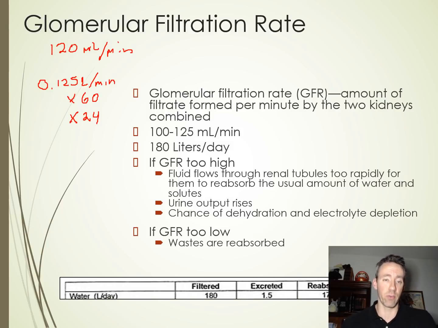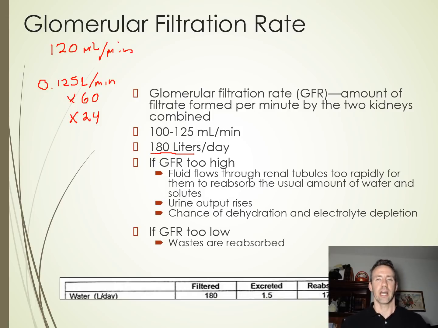If you do that with 125, so 0.125 times 60 times 24, it comes out to 180 liters per day. That's actually a substantial volume that you're filtering every single day in order to maintain homeostasis and get rid of waste.